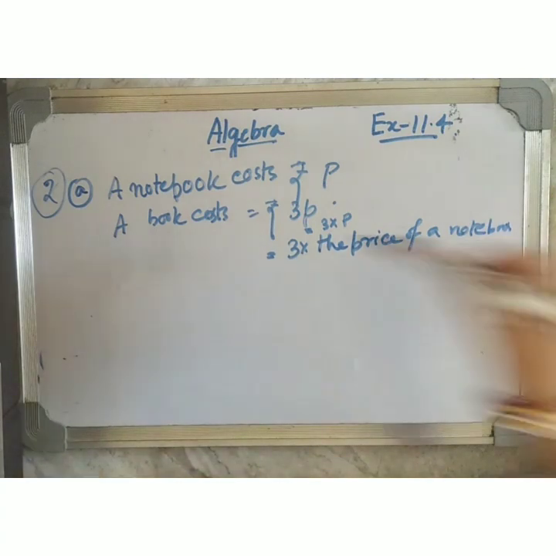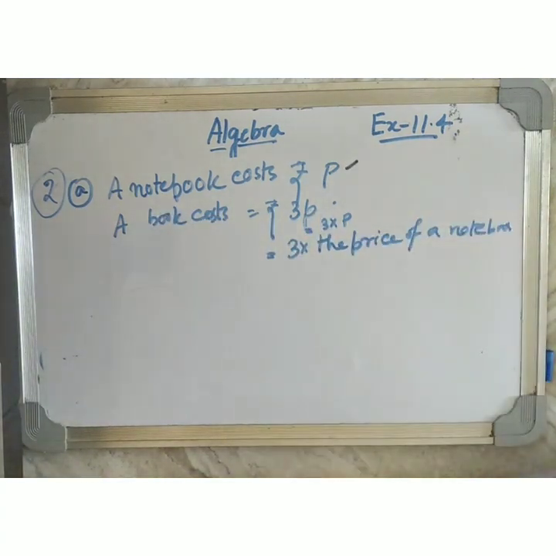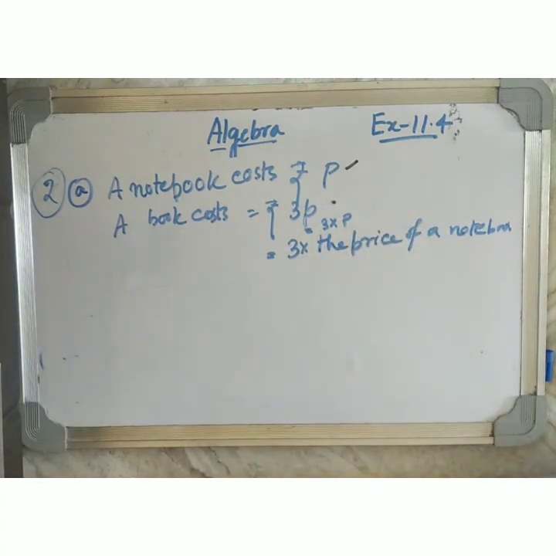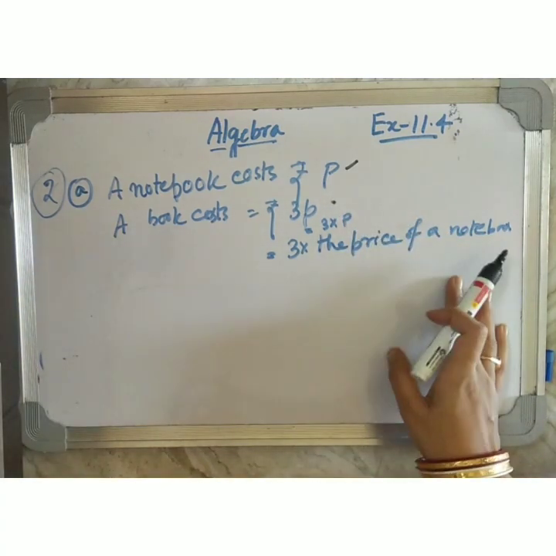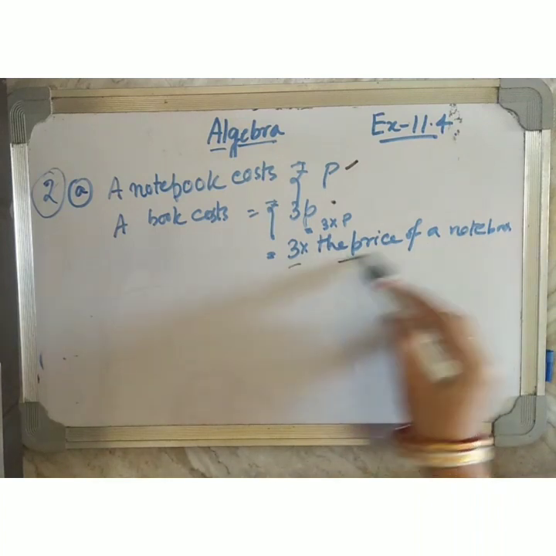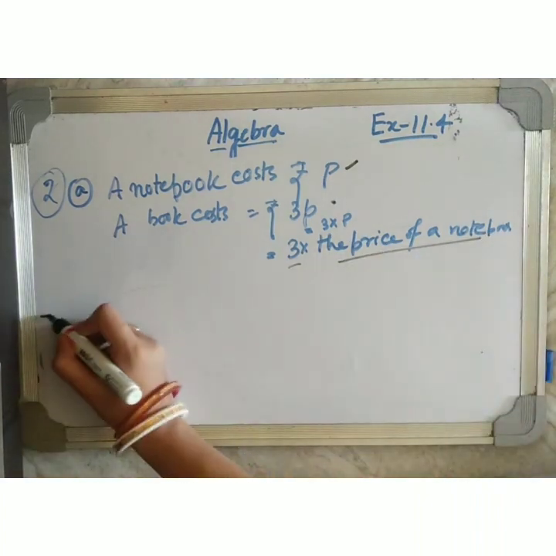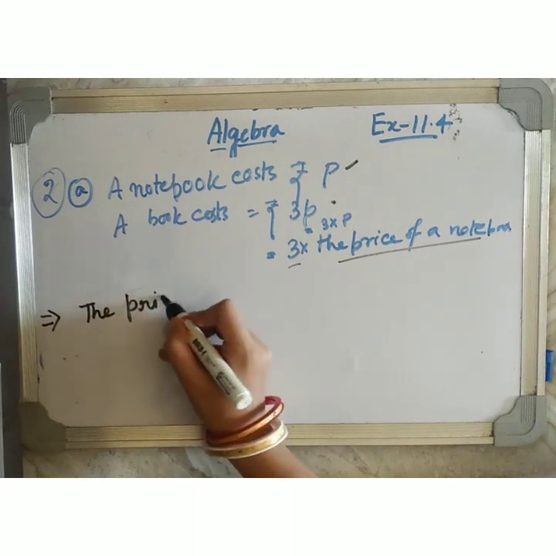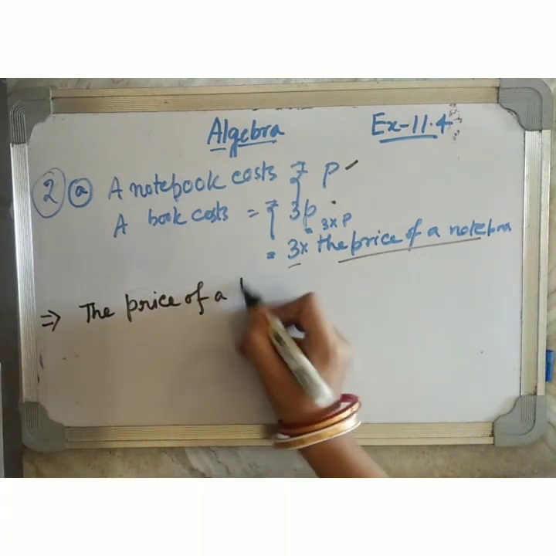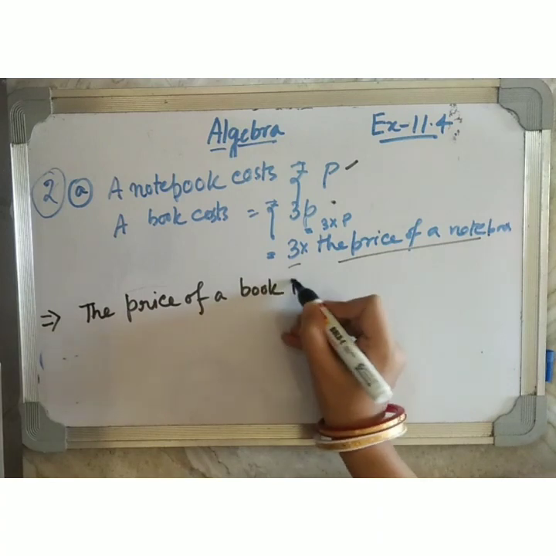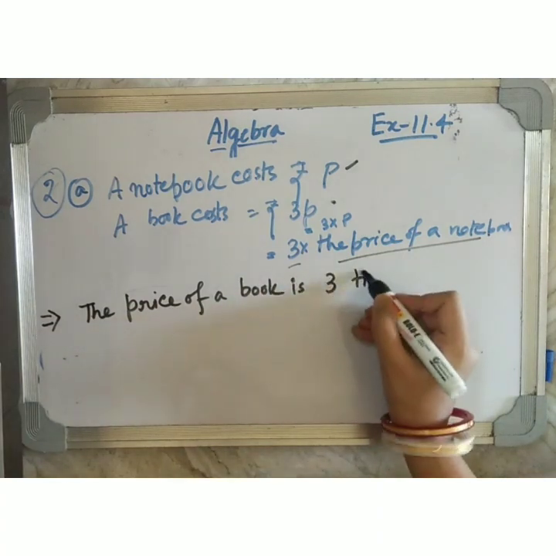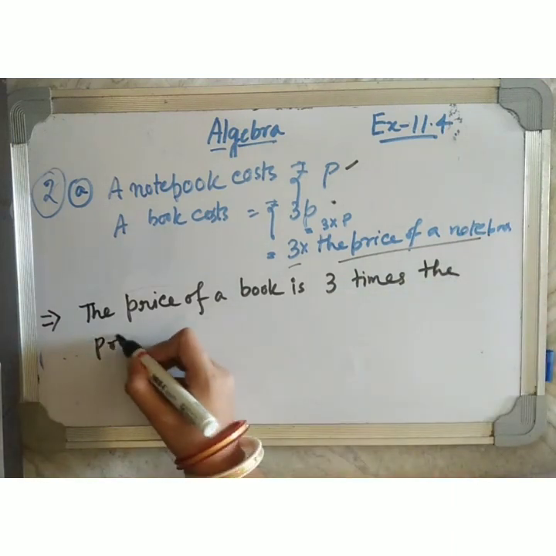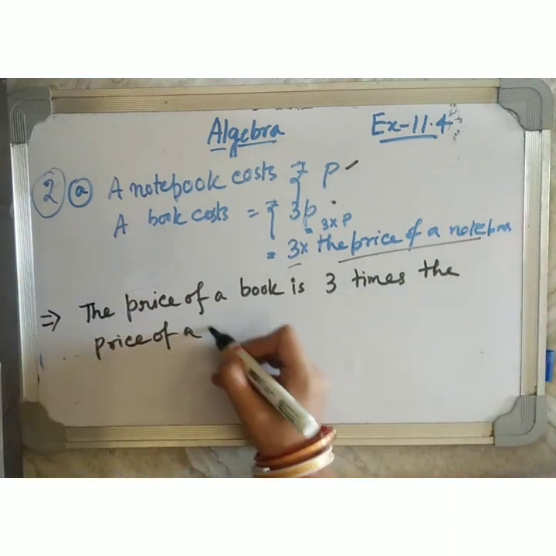Am I clear? Now the cost of a notebook is rupees p and a book costs rupees 3p. So what will be the price of the book? 3 times the price of the notebook. Therefore we will write the price of a book is 3 times the price of a notebook.